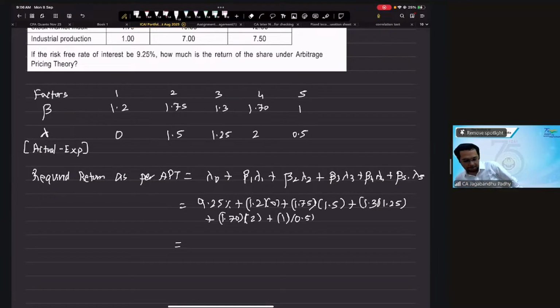Calculate the total. 17.4. That's the required return as per arbitrage pricing theory, guys.